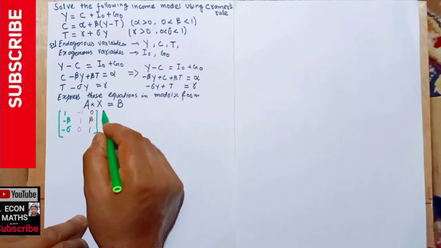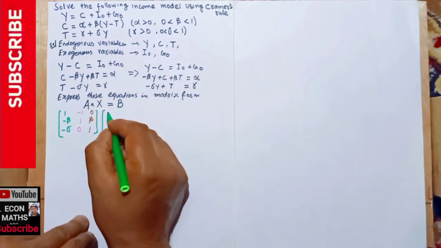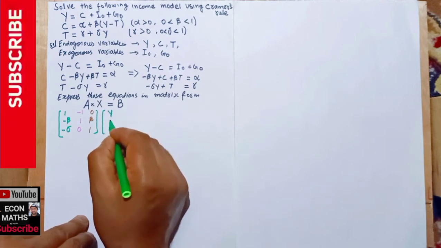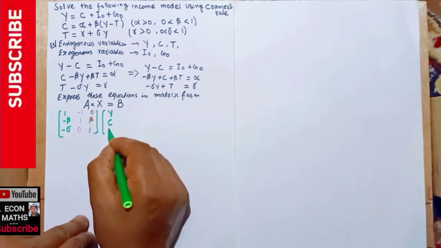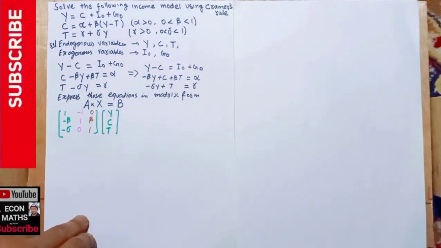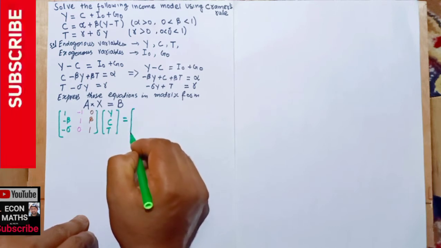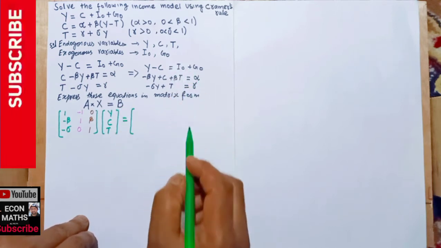Similarly, we have to multiply this with the solution vector. Now our solution vector will be y, c, and t. That is the vector of endogenous variables. That is equal to this b. b is the vector of constant terms.